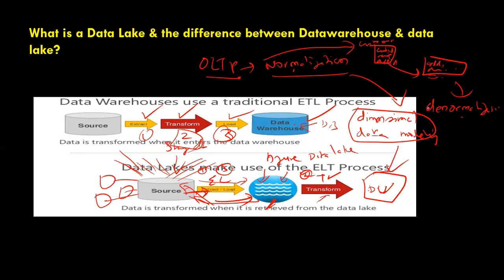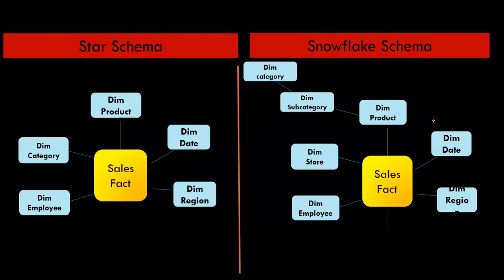So that is the reason for the principle called denormalization. When it comes to data warehouse, we try to combine the tables as much as possible, so that the joins are very few. Got it.